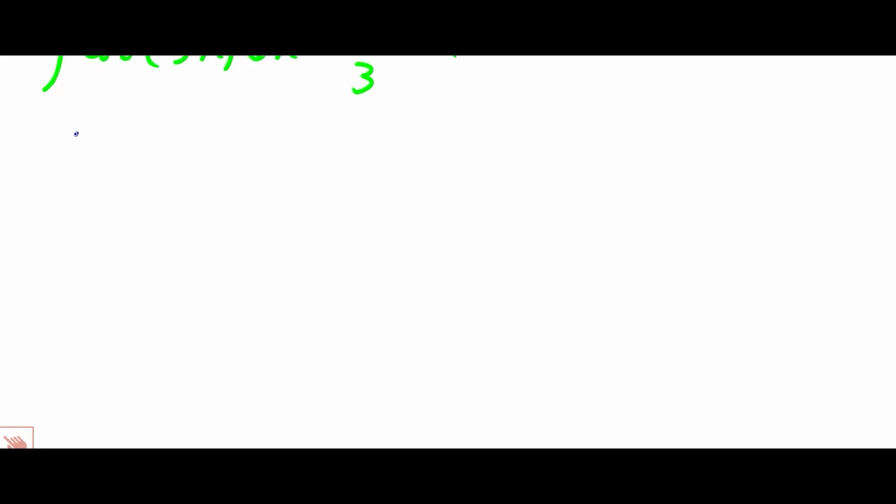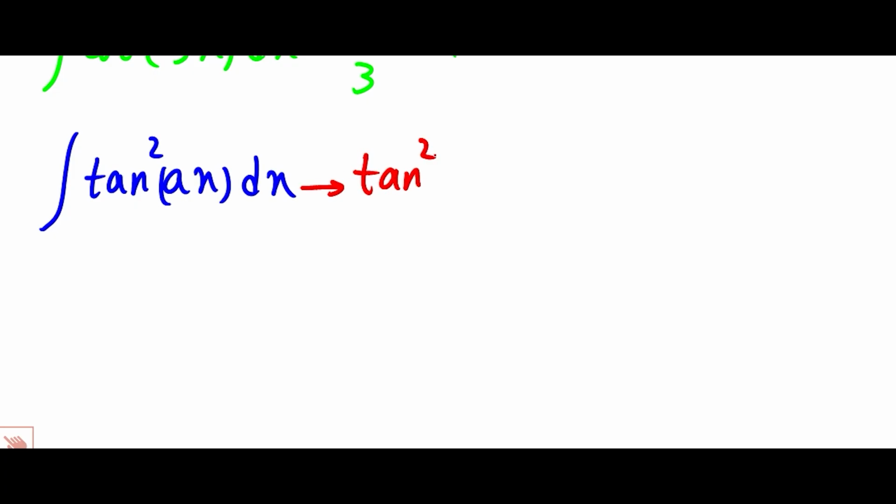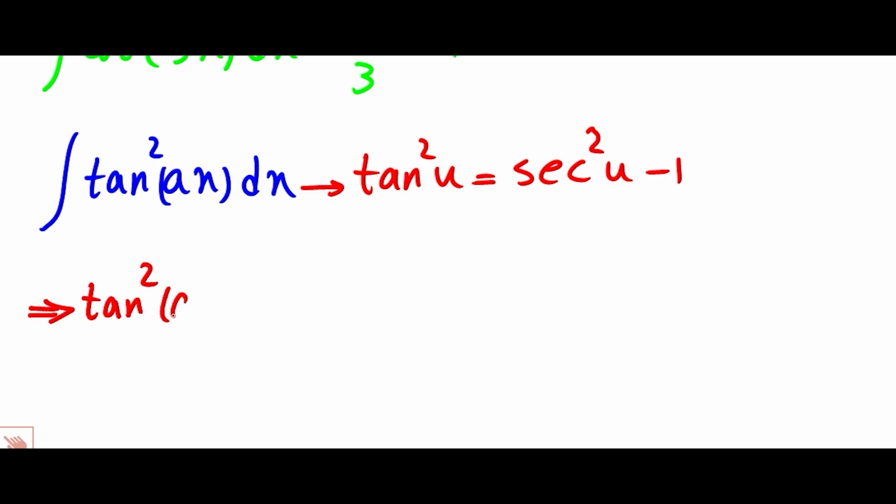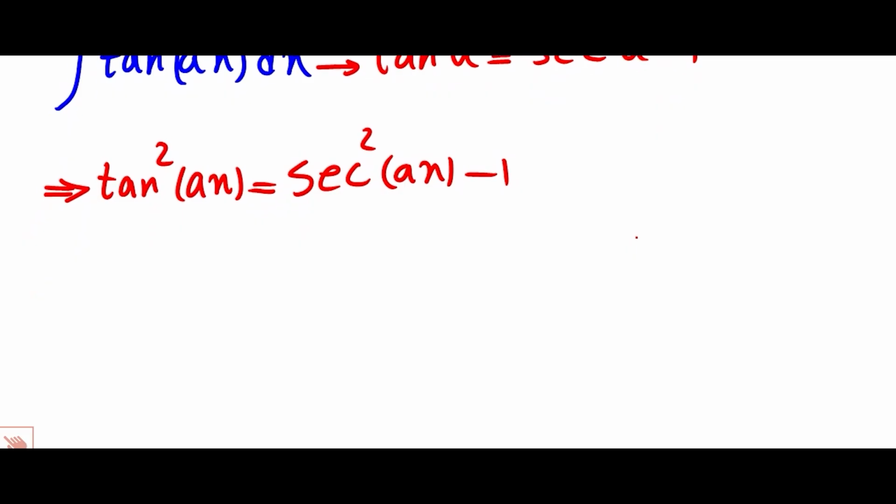So what about tangent squared of ax? For example, the integral of tangent squared ax dx. As you know, tangent squared u equals secant squared u minus 1. So tangent squared of ax equals secant squared ax minus 1, right?